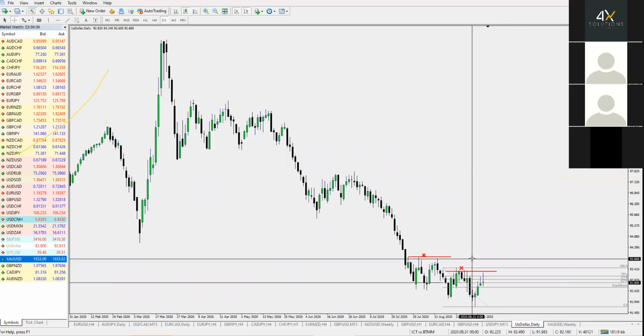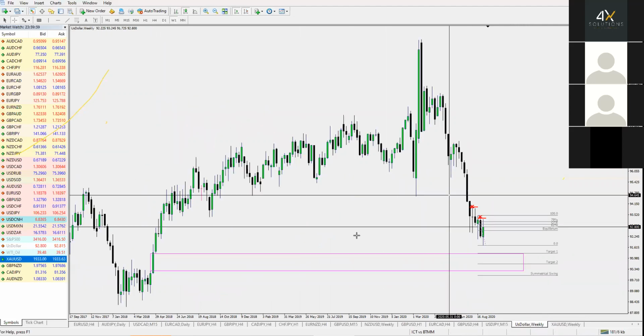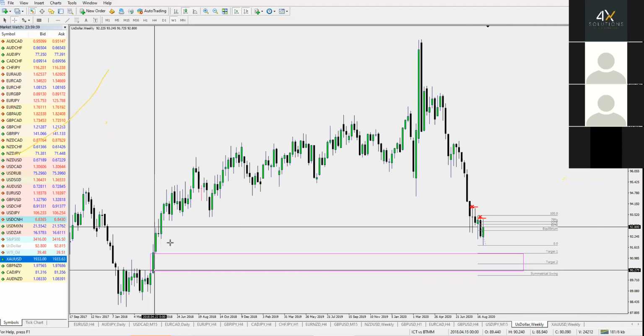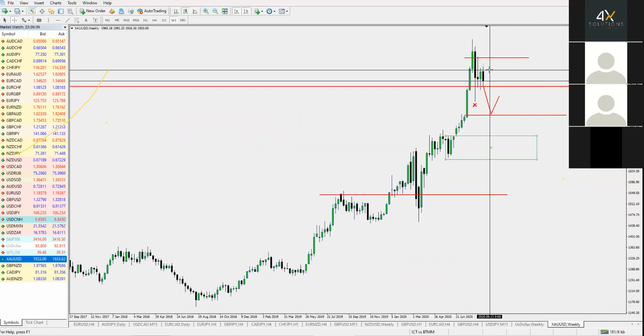However, if the DXY decides to continue to go down to fill this imbalance, well, then gold, instead of doing that retracement, it will just continue.